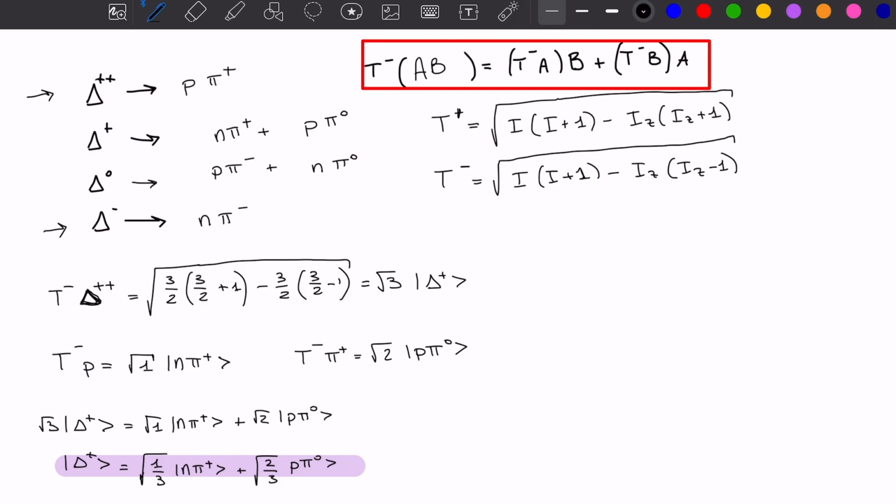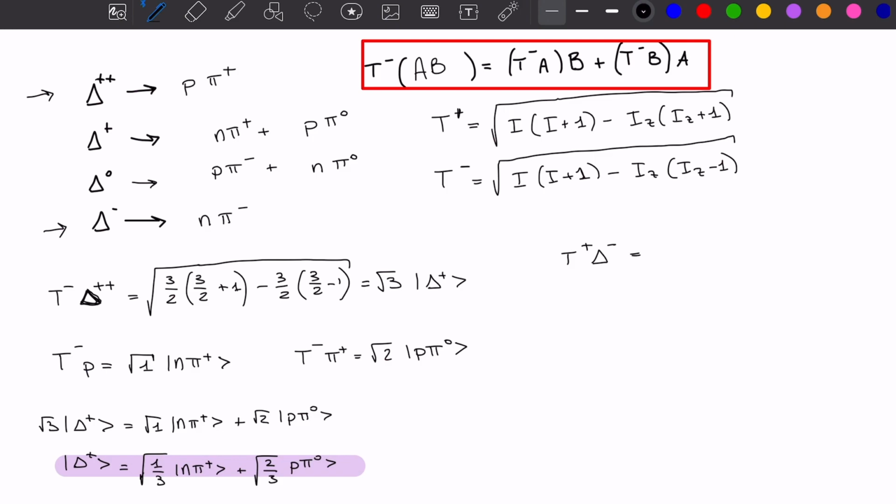And then now we will do another projection, so another example going from delta minus to delta 0. So we need to apply the same process, but this time we're going to use the plus operator. So we're going to apply the plus operator onto delta minus in order to get the probability for delta 0.